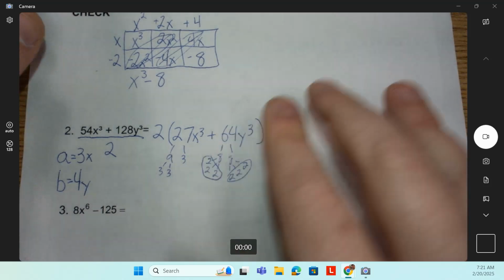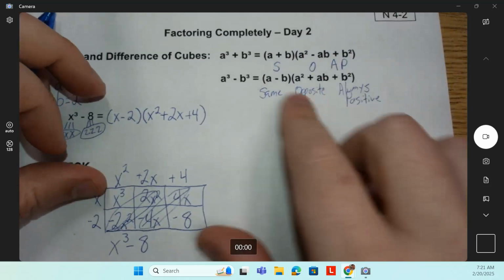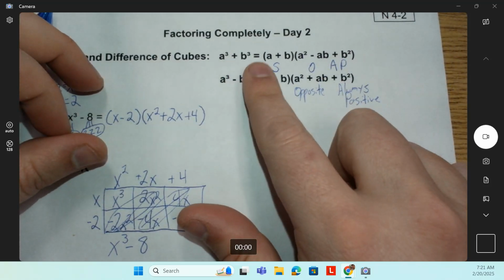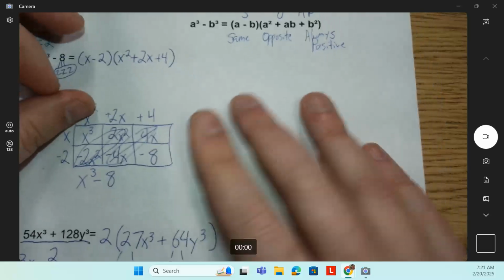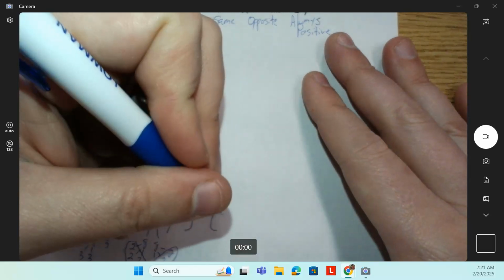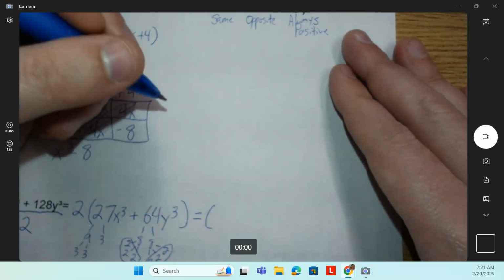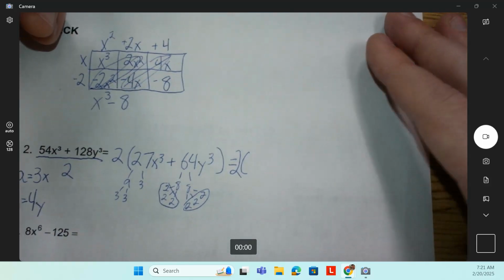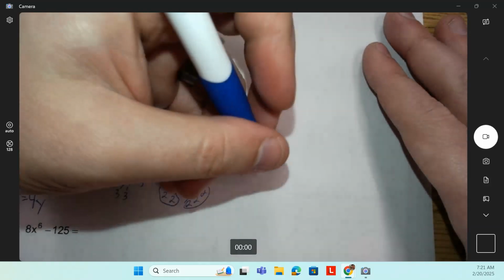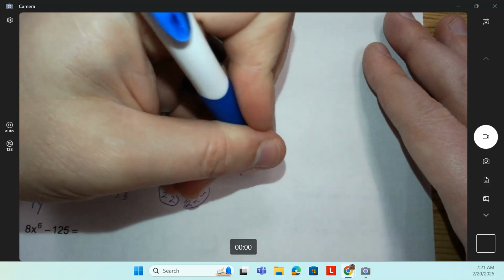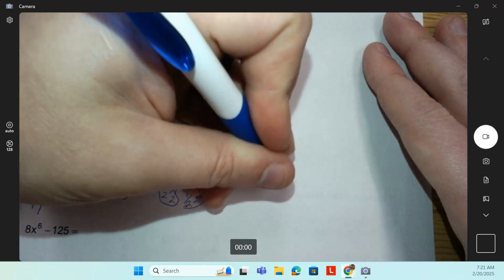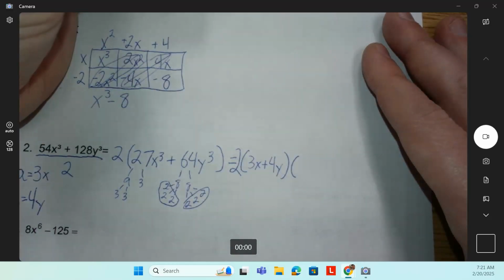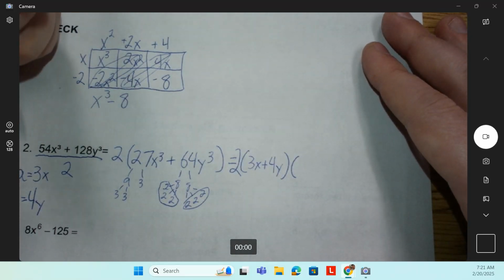So now we can start filling in our sum of cubes. First is A plus B, the same sign. And I'll squeeze my 2 up in front there. So A plus B, so 3x plus 4y. Then the opposite sign, so A squared.